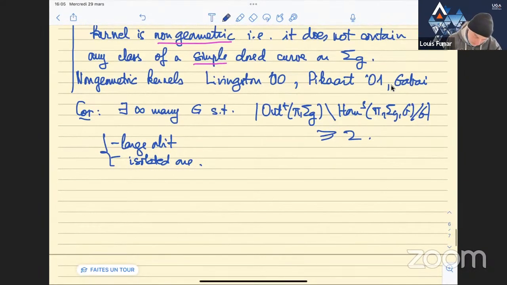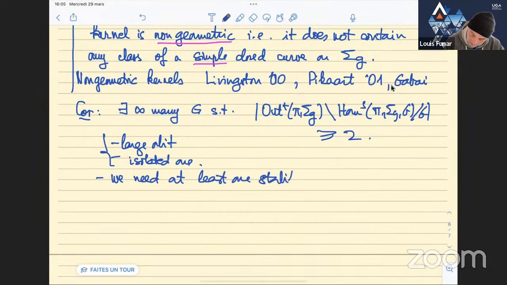Now, of course, we need at least one stabilization, because these G here are simple.